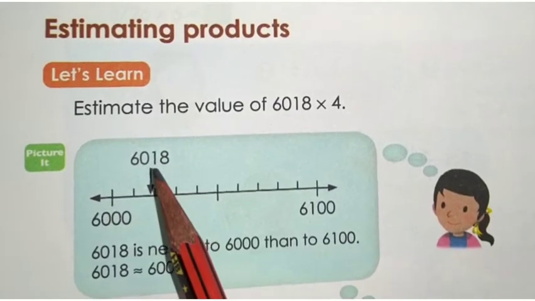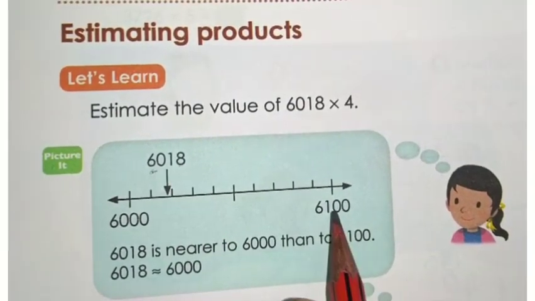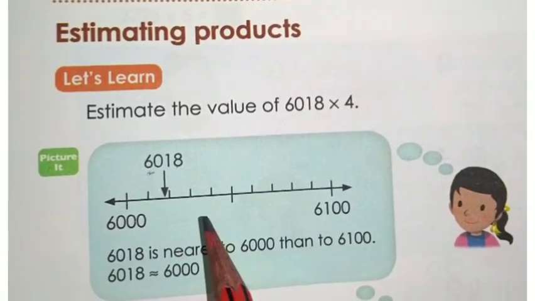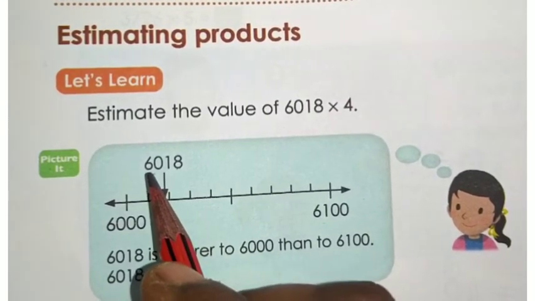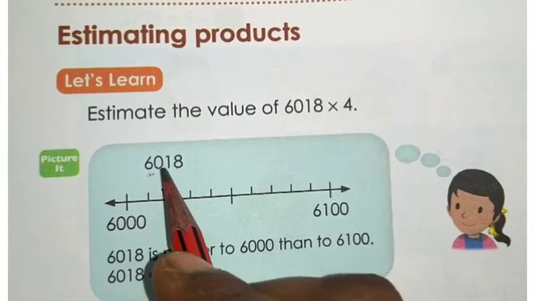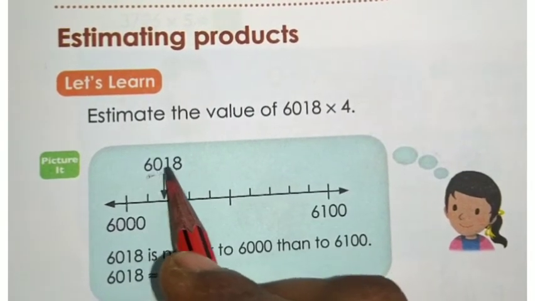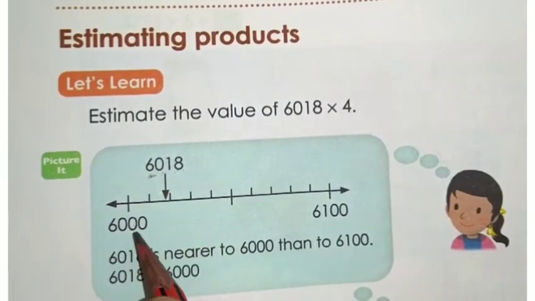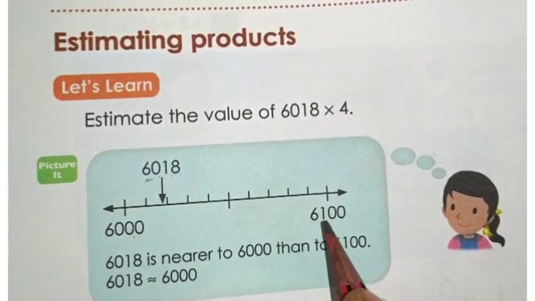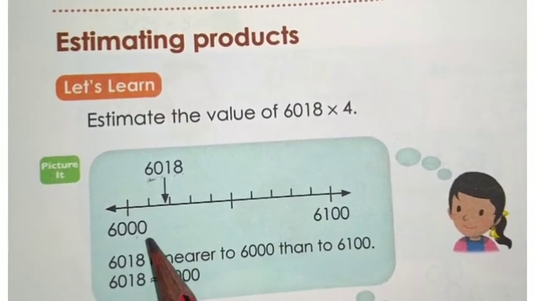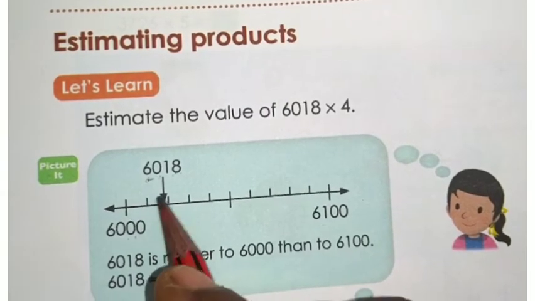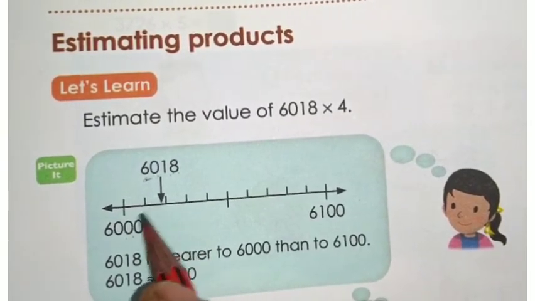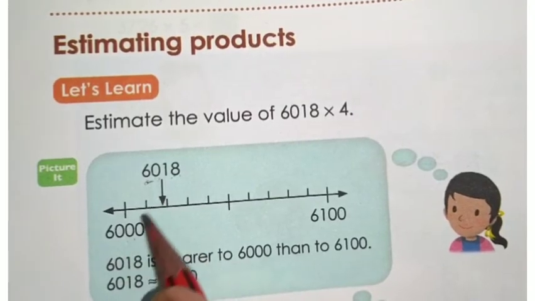6018. We have to round off to the nearest value in the hundreds place, because 6018 is nearest to either 6000 or 6100. Which is the nearest value of these two? 6000 is the nearest value, because only 18 differs between 6000 and 6018.